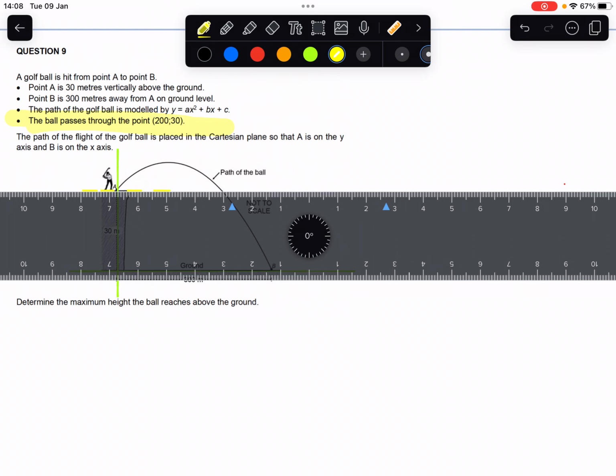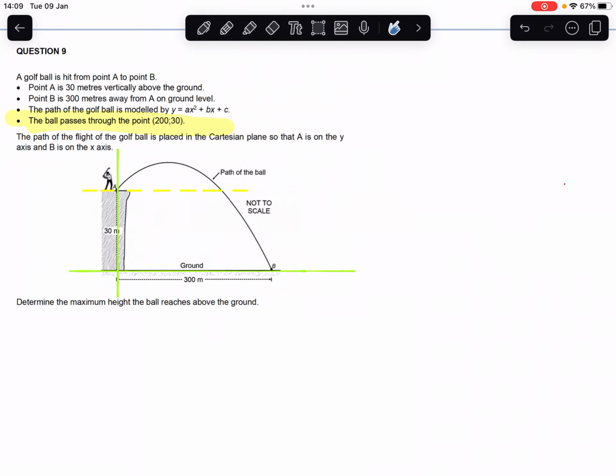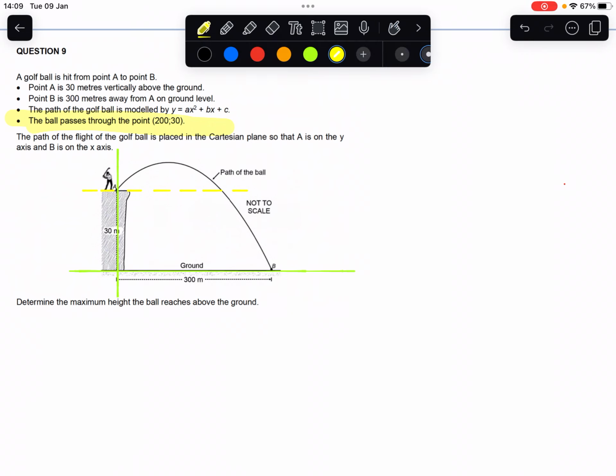Right, so we're being told that the first time that the ball is 30 meters above the ground is at point A, so when it's 0 meters away from point A. But the second time that it is 30 meters above the ground is when it is 200 meters away from A. Where are my words?